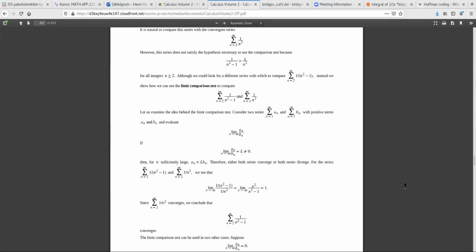We shifted it a little bit and we get 1 over m squared, which we know converges.